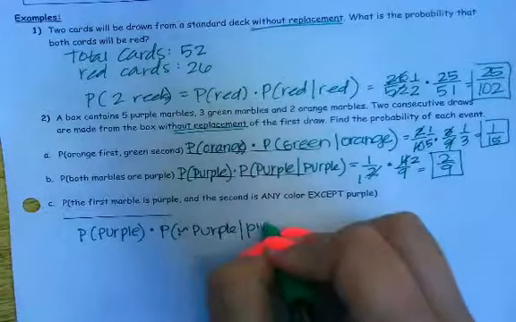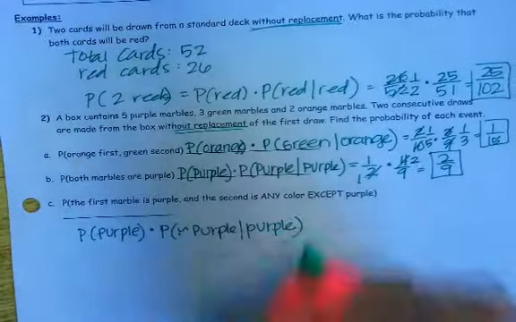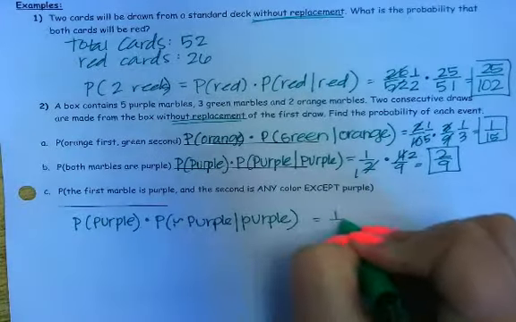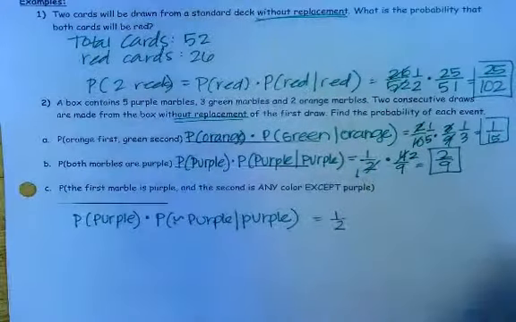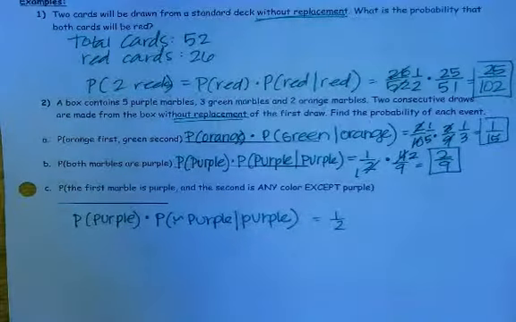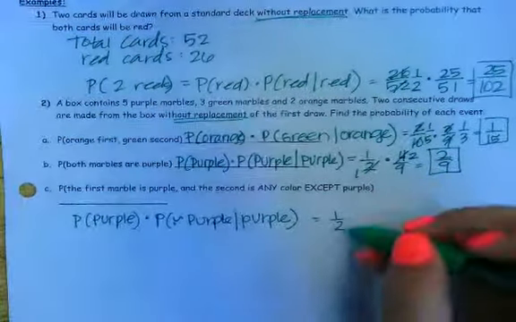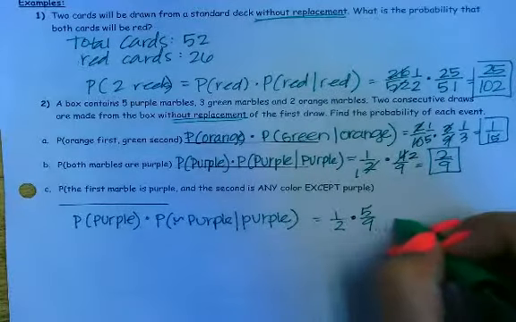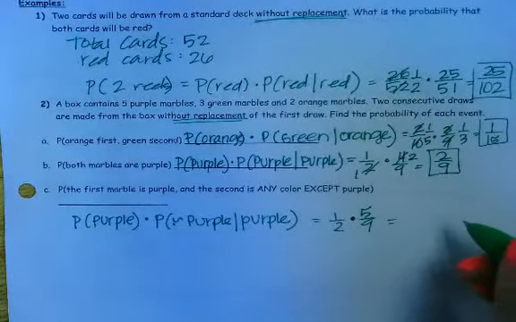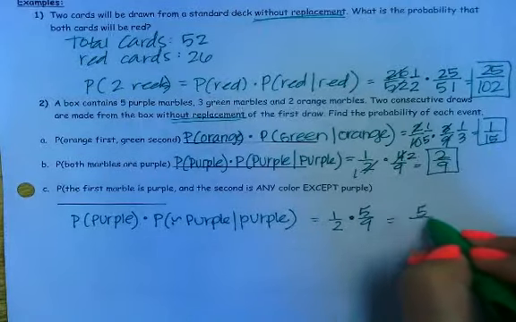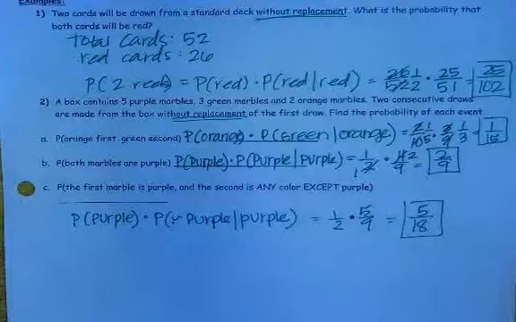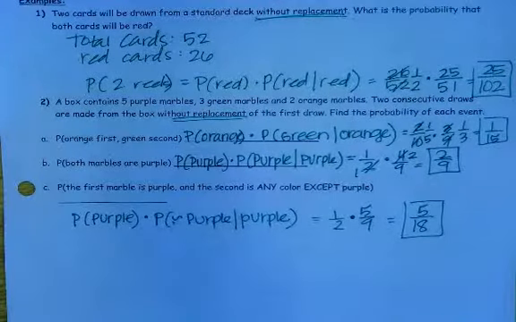What's the probability of purple? 1/2. So what would be the probability of not purple given that you pulled a purple? 5/9. And what do you get? 5 over 18. Any questions about independent, dependent, or the counting principle?